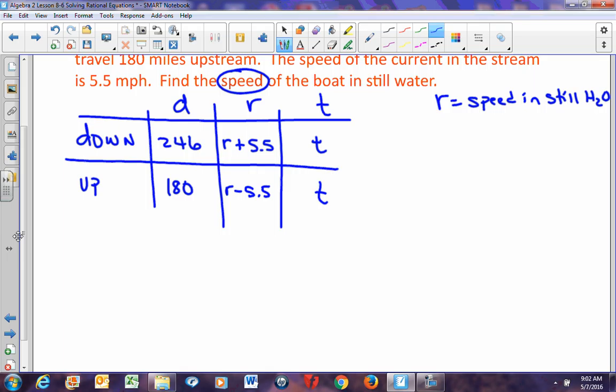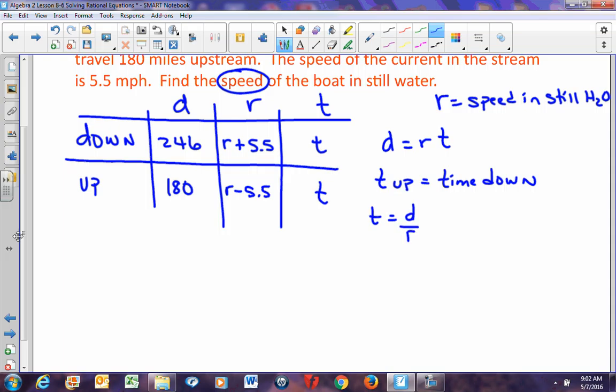Remembering that we're supposed to find speed. And we know that distance equals rate times time. Since the times are equal, time up equals time down, I can set my times equal, so I'm going to take this distance rate time equation and solve it for time. Time is equal to distance divided by rate.